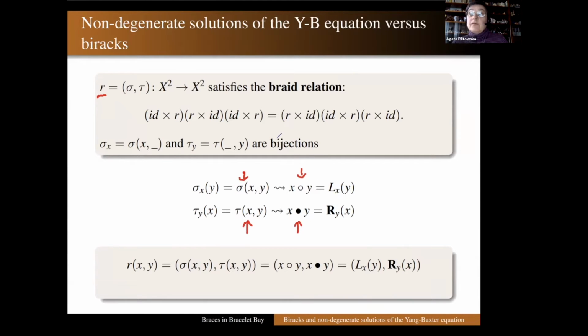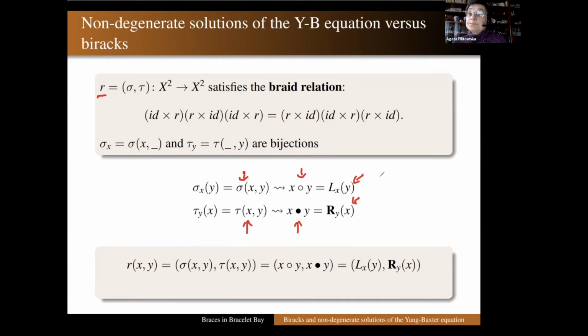Because in the case of a non-degenerate solution, our sigma x and tau y mappings are bijections, our left and right translations with respect to circle and bullet operations are invertible. So of course, we have inverses of them.